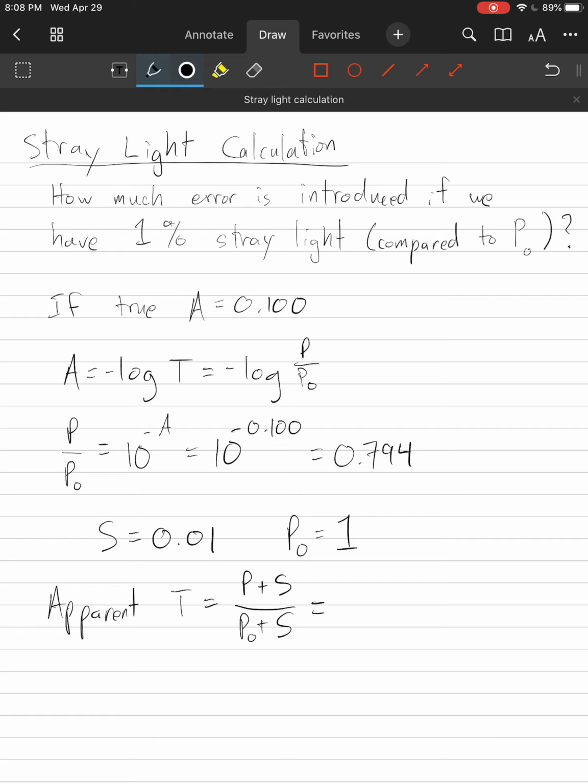If P naught is equal to 1, our P would be 0.794. Then we add our stray light to both of these: 0.794 plus 0.01 on top, and 1 plus 0.01 on the bottom. If we calculate that, we get a value of 0.787. So there is a small difference there.